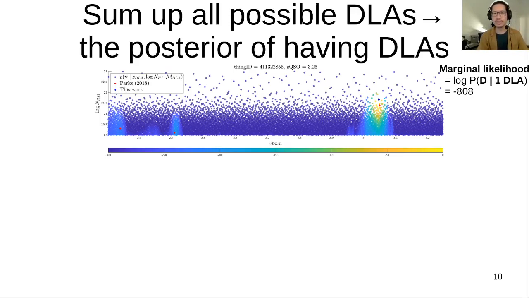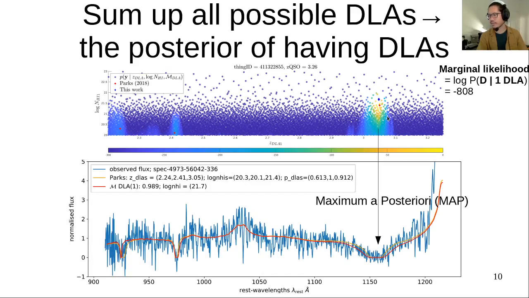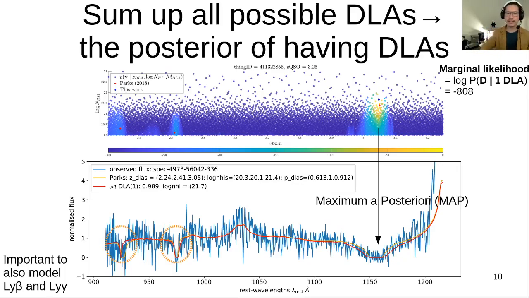The yellow color here shows that we have very high probability of a DLA here, and we can interpret it in the spectrum. It looks like this. The maximum a posteriori estimate is in the bottom panel, and since we model the Lyman beta and Lyman gamma absorptions of the DLA, we won't mistakenly predict them as other DLAs.